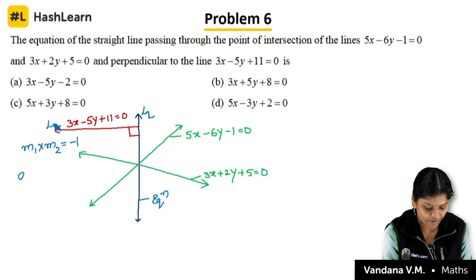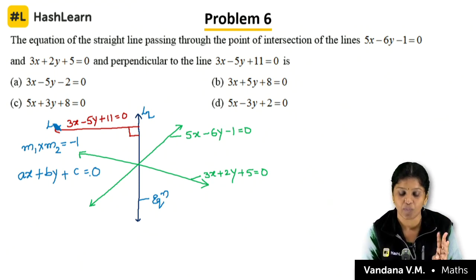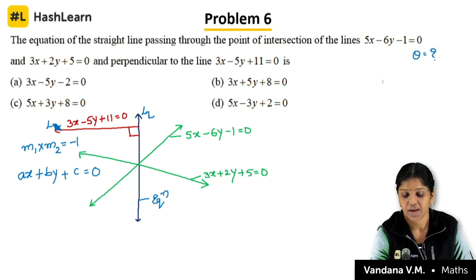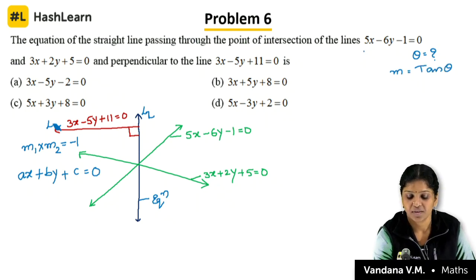I told you already, children, whenever we have Ax plus By plus C is equal to 0, there are three ways to find out the slope. The first one is whenever they give the inclination, tan theta. At that time, slope m is equal to tan theta. This is the first method.